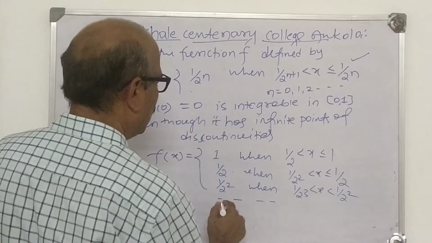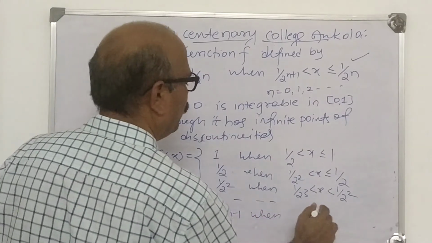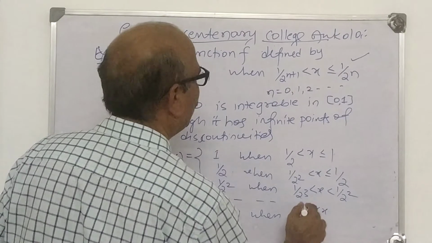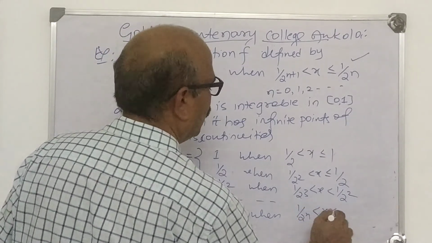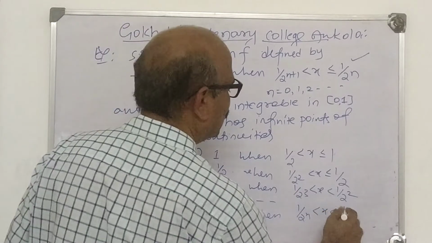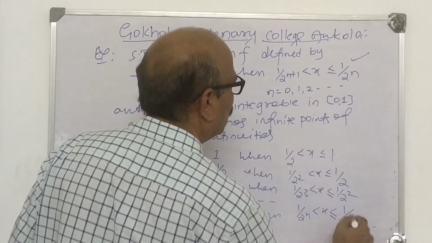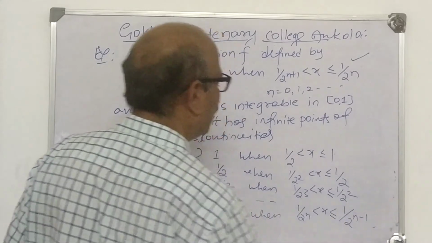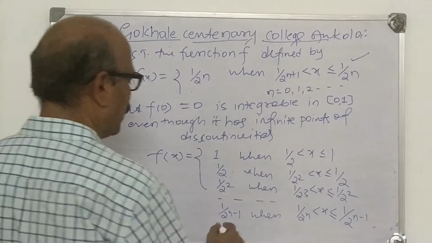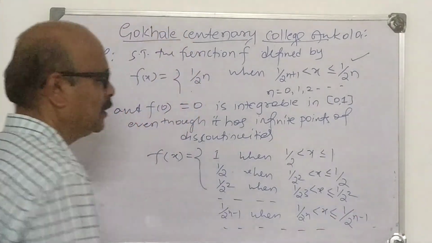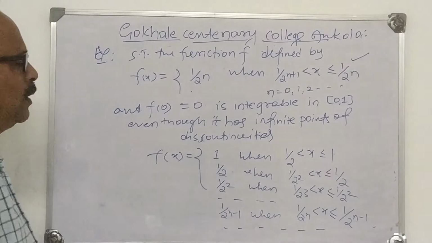It is 1/2 raised to n minus 1 when x is greater than 1/2 raised to n, less than or equal to 1/2 raised to n minus 1. Correct? And it continues like this. Now f(x) is defined like this.